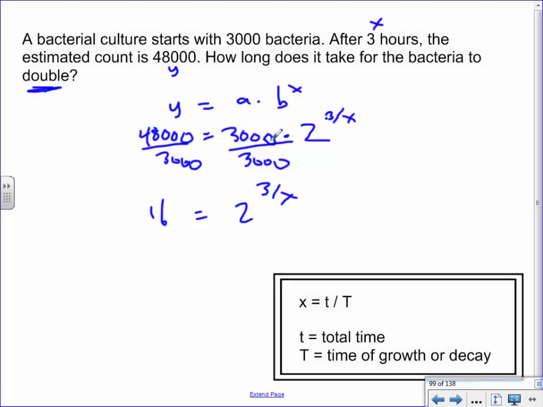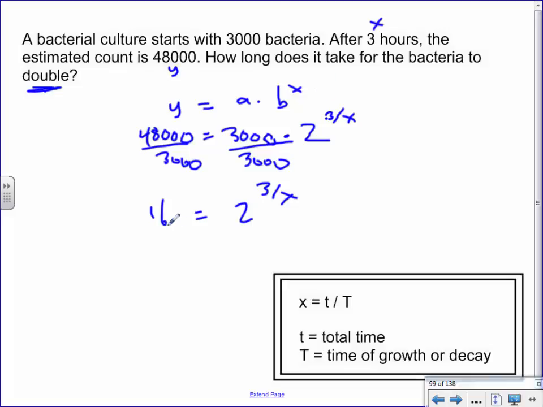The 3,000, though, is literally being written there one time. So since there's only one 3,000, I can divide that 3,000 away from both sides if I want. Does that make sense? But I cannot combine the 3,000 with the 2. Because if you did that, then it would give you 6,000. And then it would be 6,000 times 6,000 times 6,000. And that's not the same thing as 3,000 being doubled over and over again.